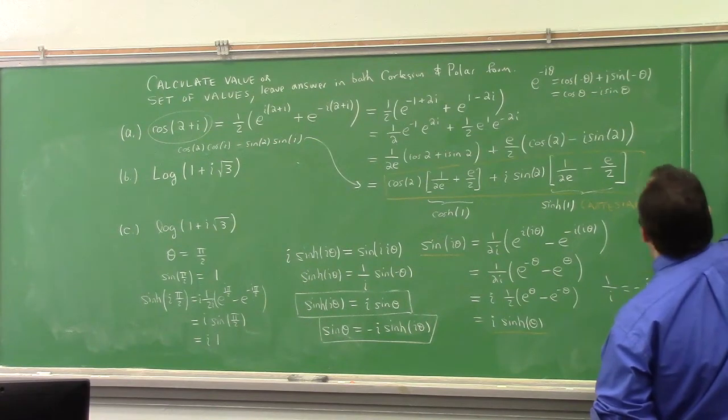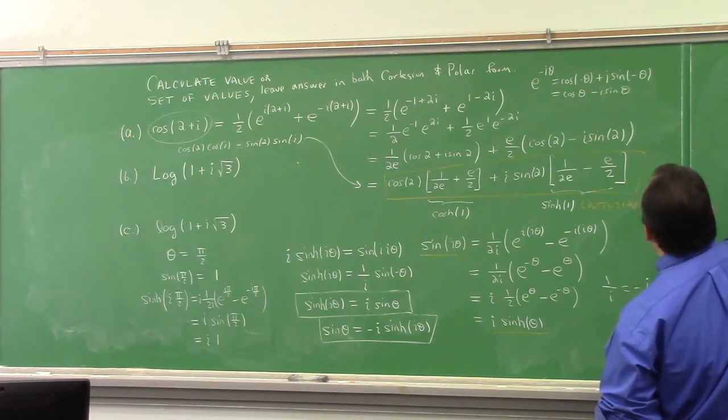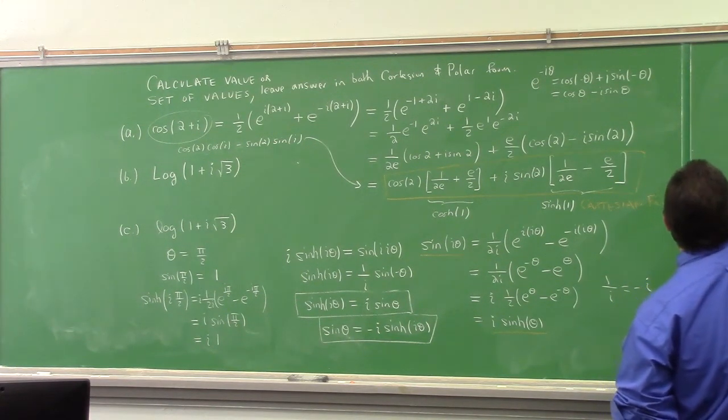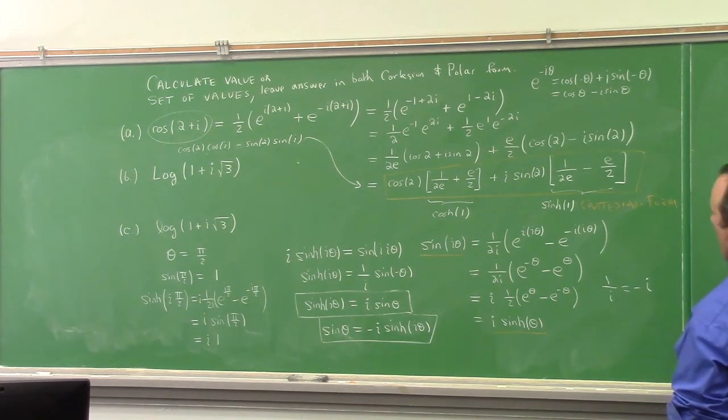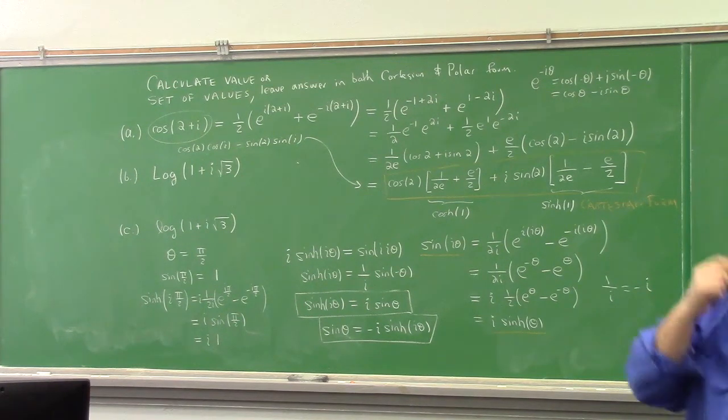So we've got, I'll write it out this way, cosine of 2 plus I. The easiest way to write it is cosine 2 cosh 1 plus I sine 2 sinh 1, yeah? So what's the polar form of this complex number?